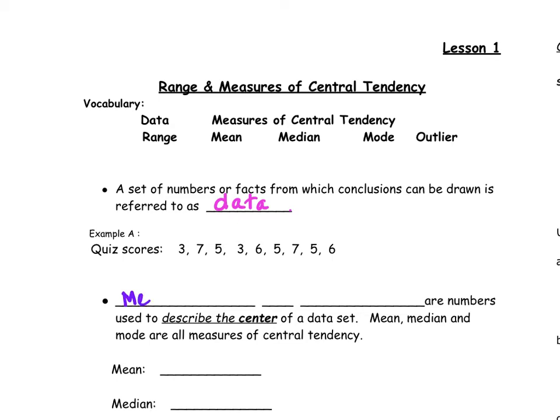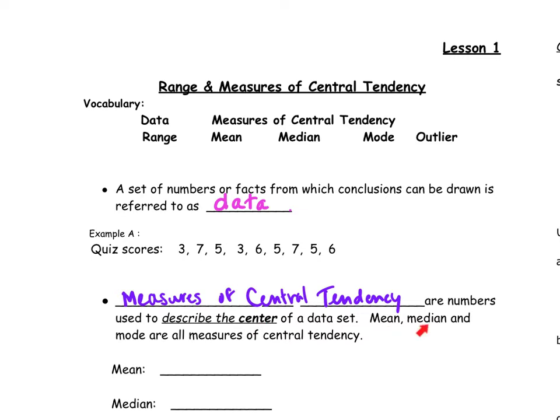Measures of central tendency. And while you're finishing writing that, I'm going to go back over. Measures of central tendency are numbers used to describe the center of the data set.